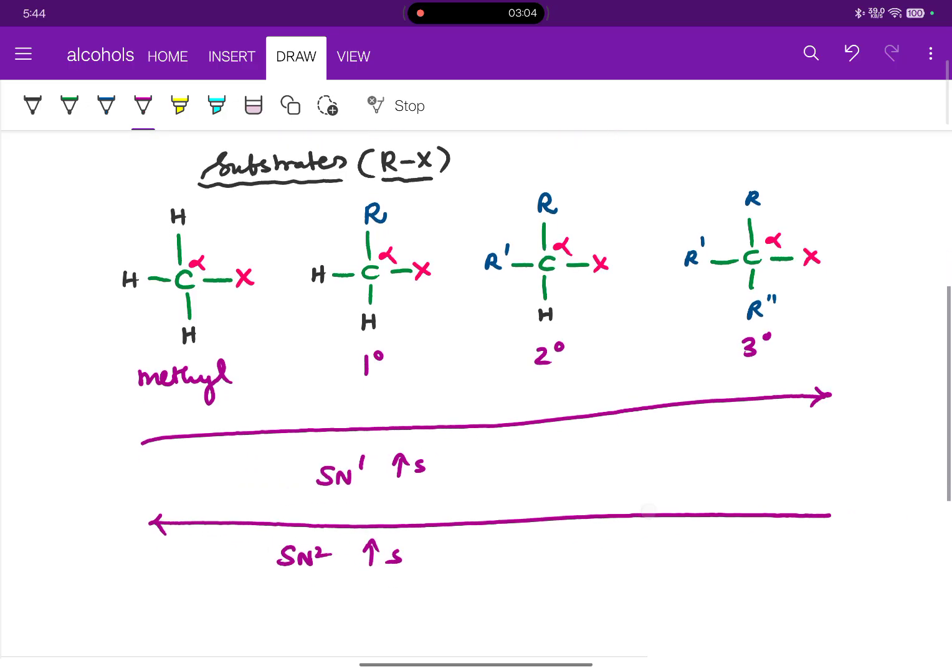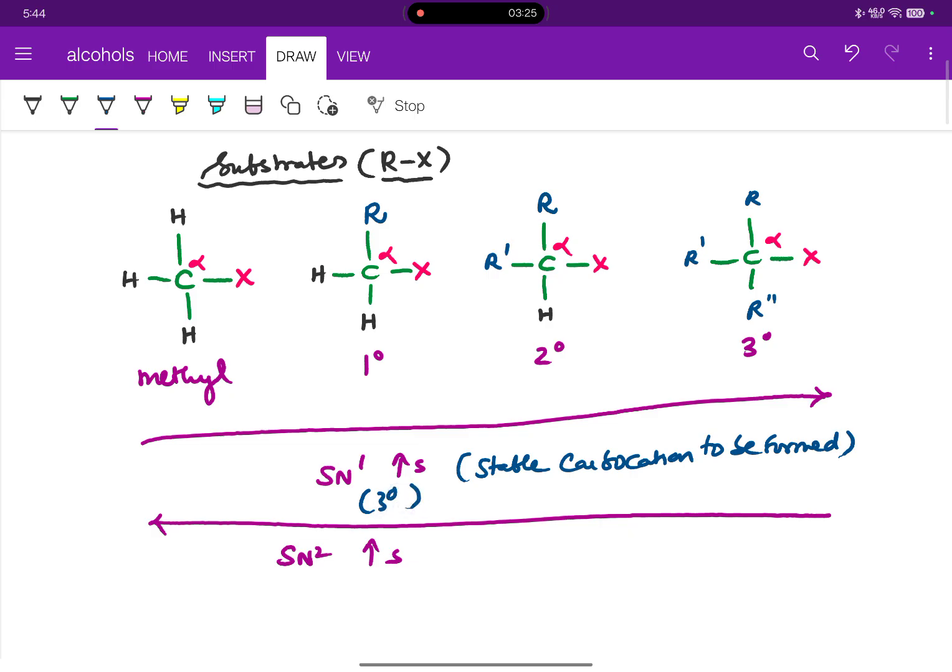It's very clear why SN1 increases, because a stable carbocation should be formed. So when I say stable carbocation, who can form a stable carbocation? A tertiary. Hence I said tertiary halides will undergo SN1 reaction.